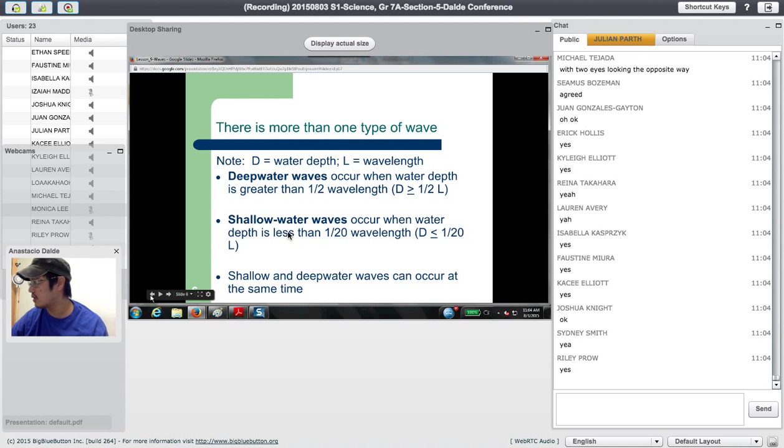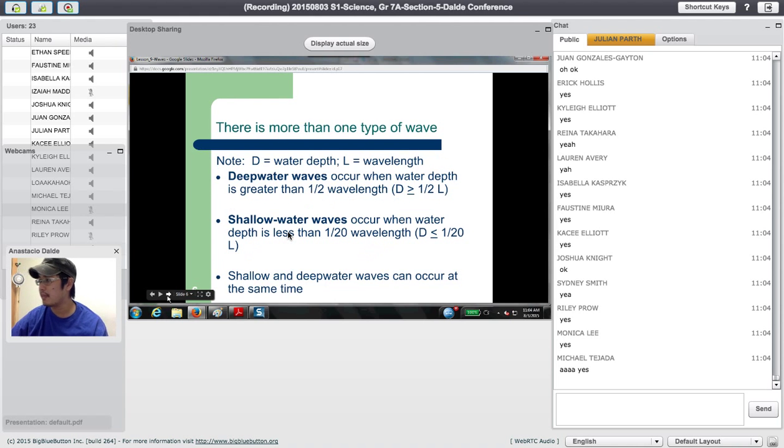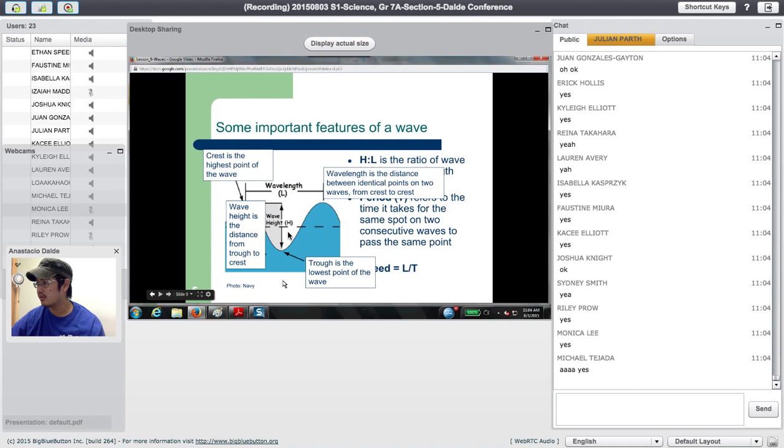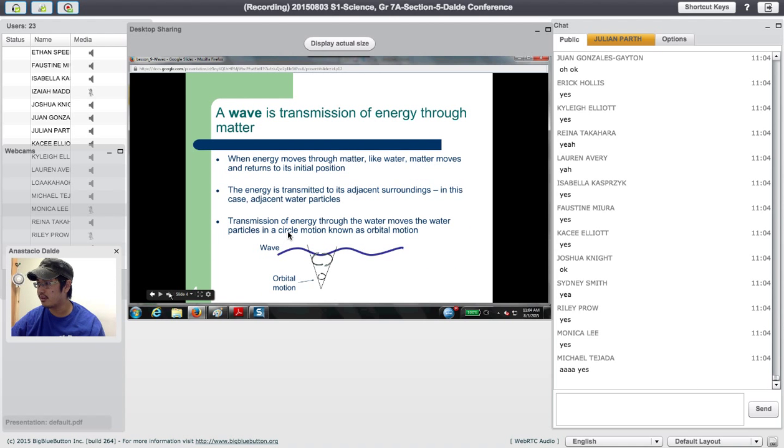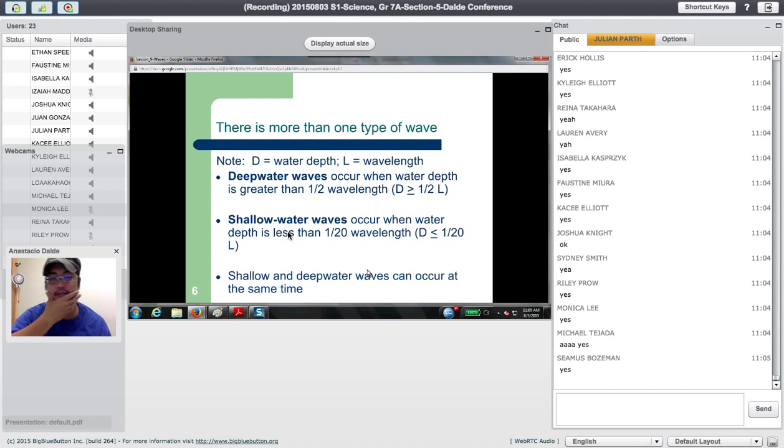Let's see if there's a slide back there. All right, here we go. Okay, the period of a wave. They have these things right in front that are kind of annoying. The period of a wave is something different. I need to talk to you guys about that. The period of a wave is related to the wavelength.